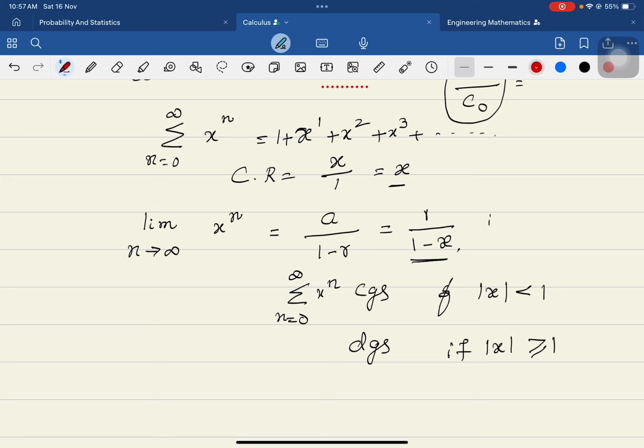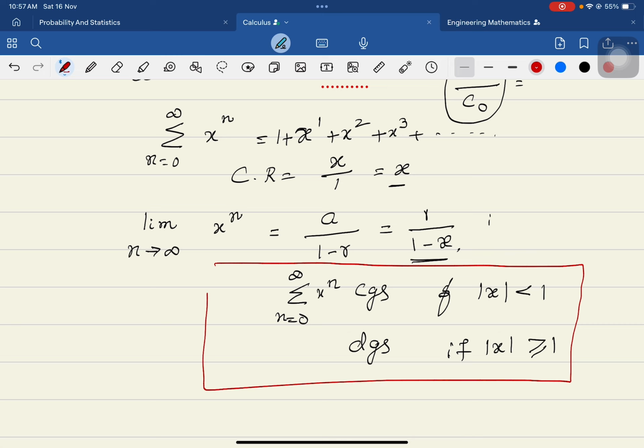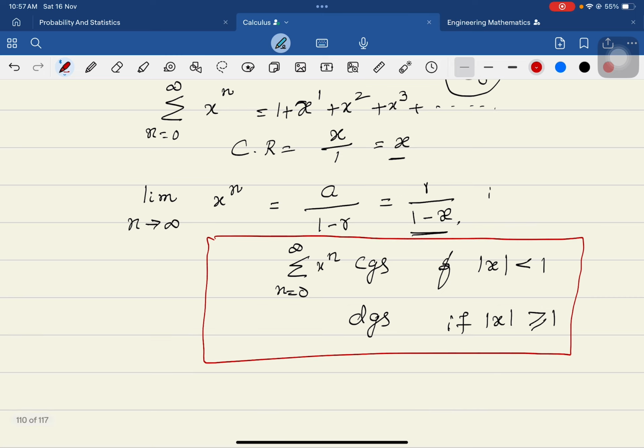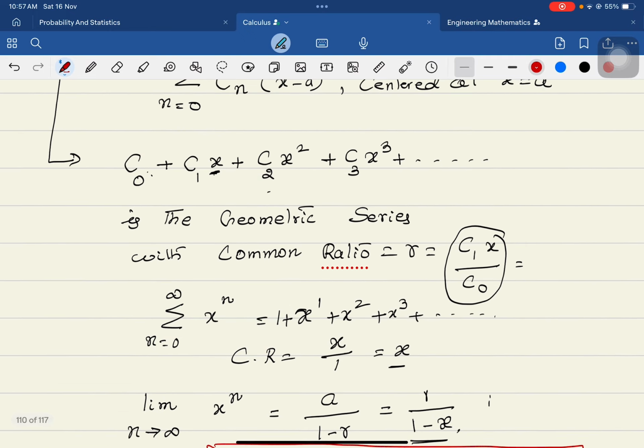So try to memorize this: the power series, which is a geometric series, converges if the common ratio is less than 1 and is divergent if the common ratio is greater than or equal to 1. So this is about the power series explanation.